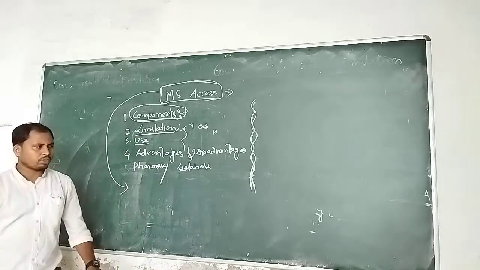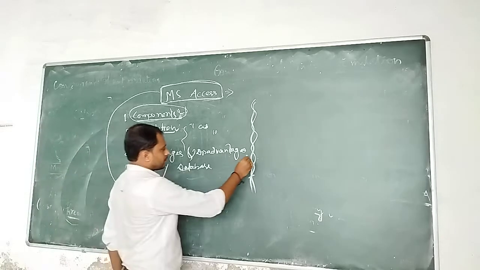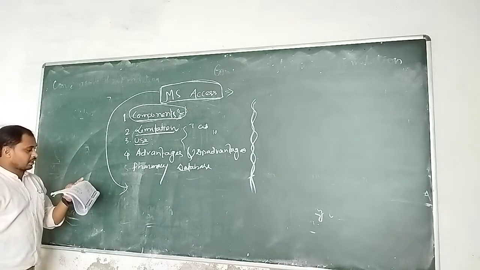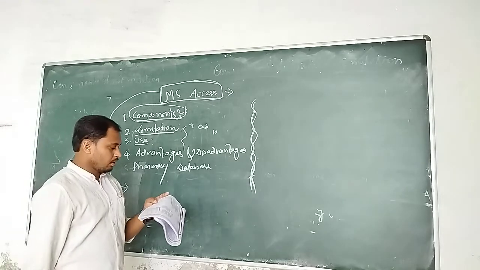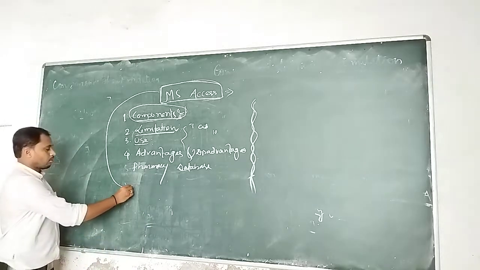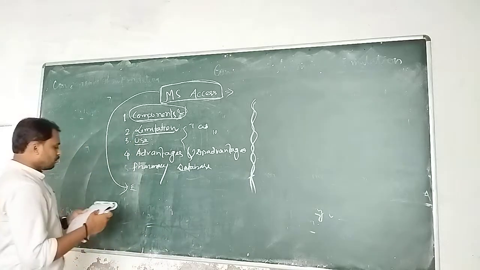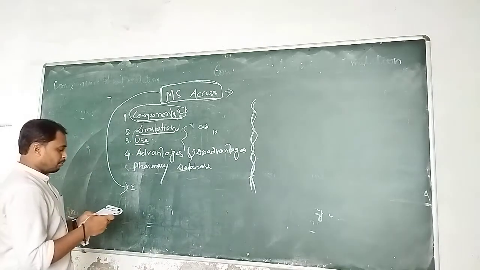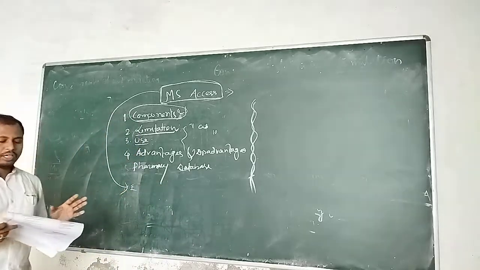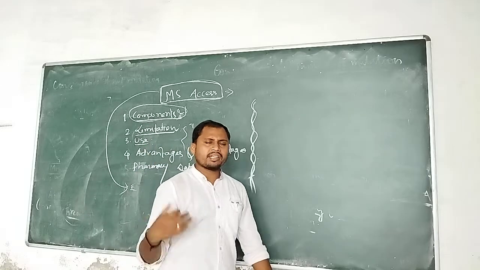Suppose complex data cannot be displayed using other software or sites, it can help to display the complex data. Then automation of common events. The basic use of MS Access is that it helps to manipulate, sort, display and print any data.